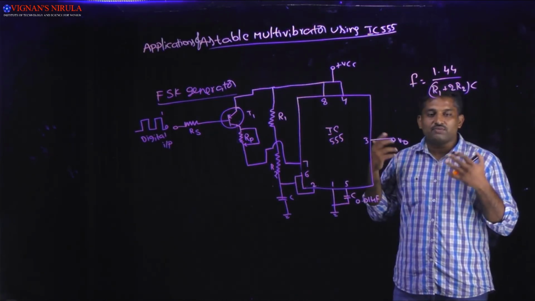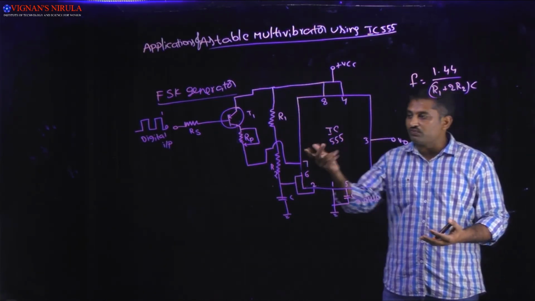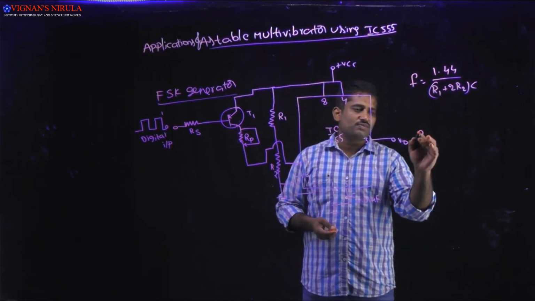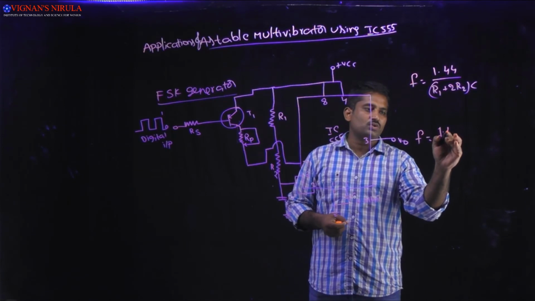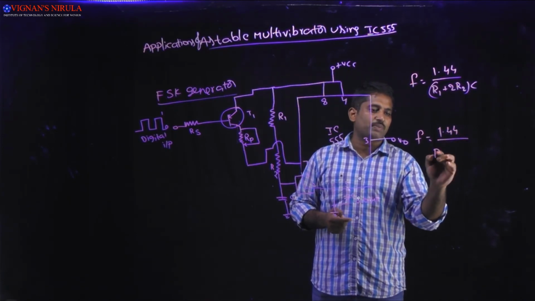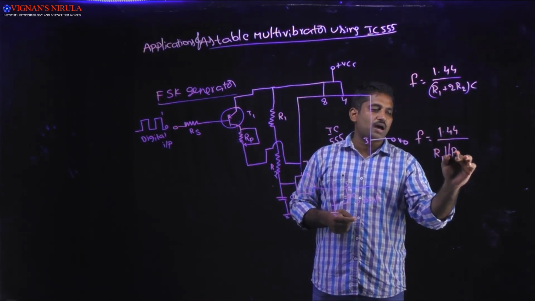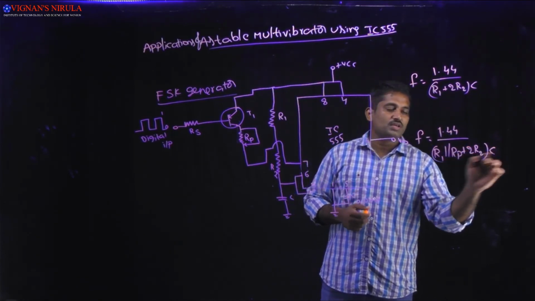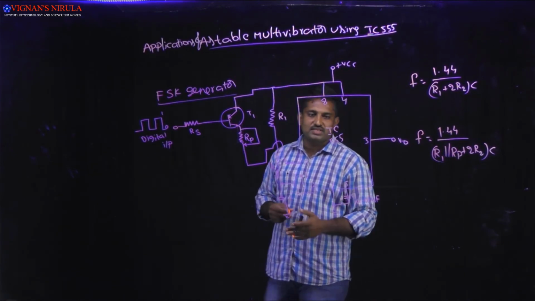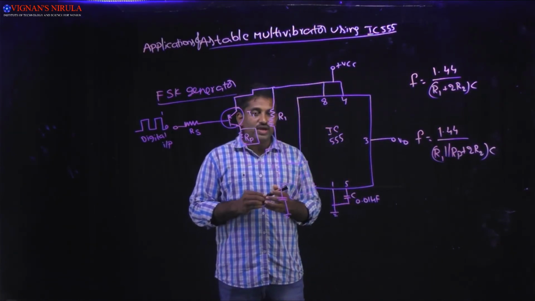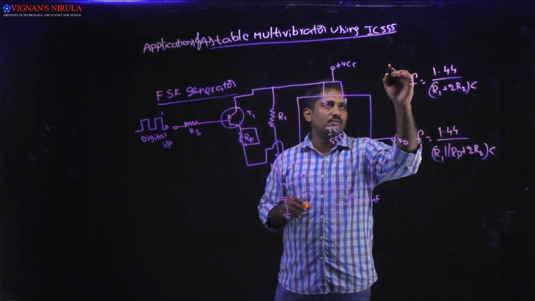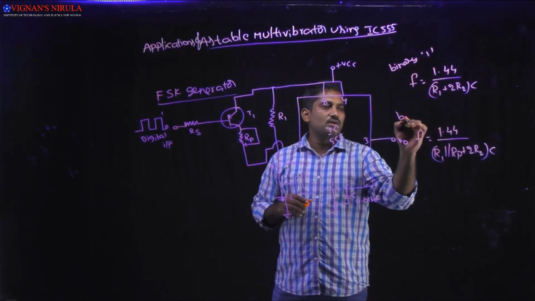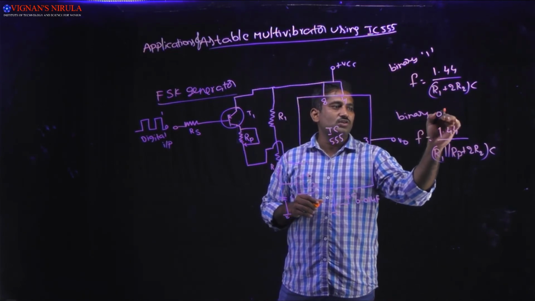So what happens to the final frequency if RP is parallel to R1? The final frequency will be represented as F equals 1.44 divided by (R1 parallel RP + 2R2) times C. So these are the frequencies generated when the binary input signal is 1, and when the binary input signal is 0.